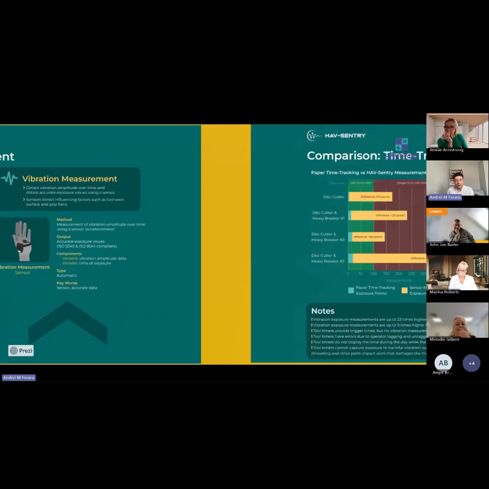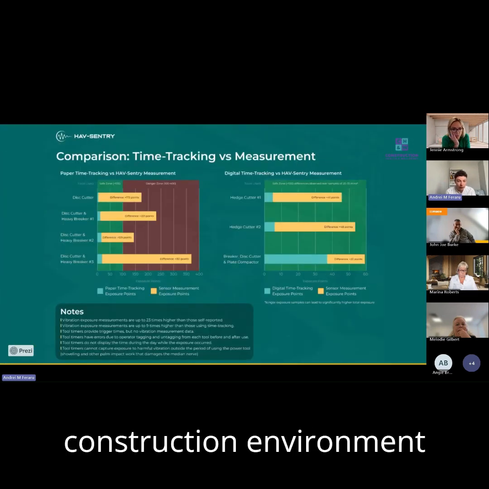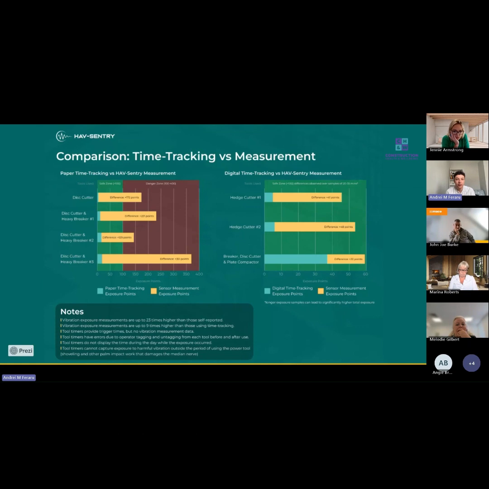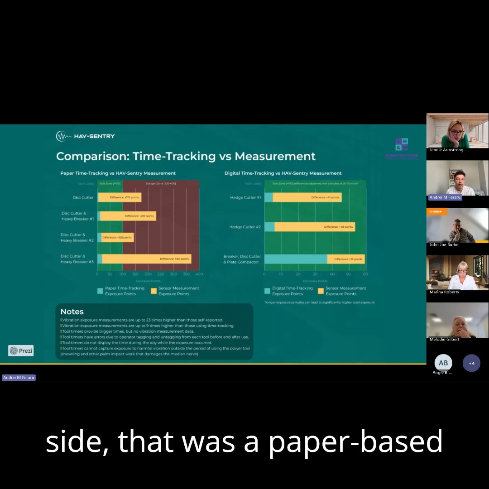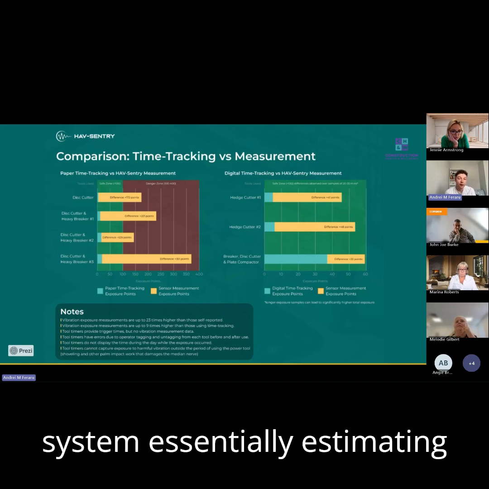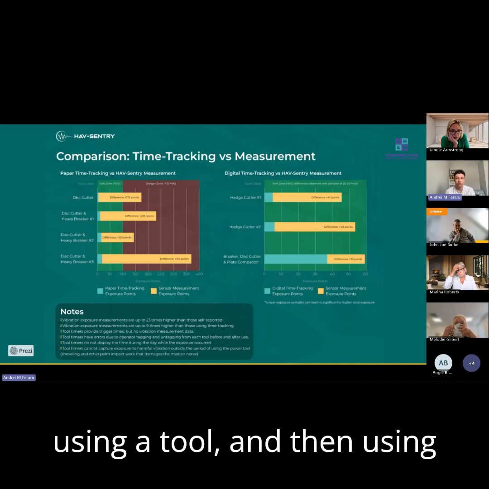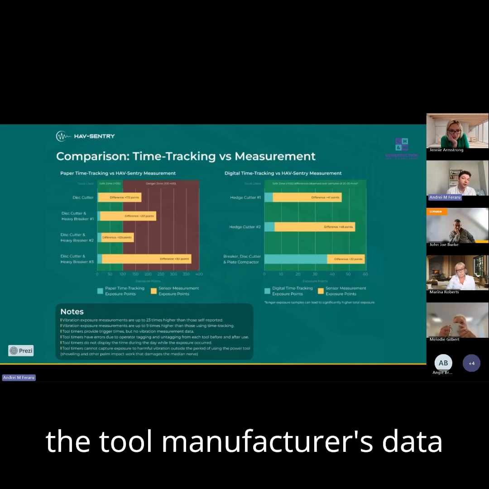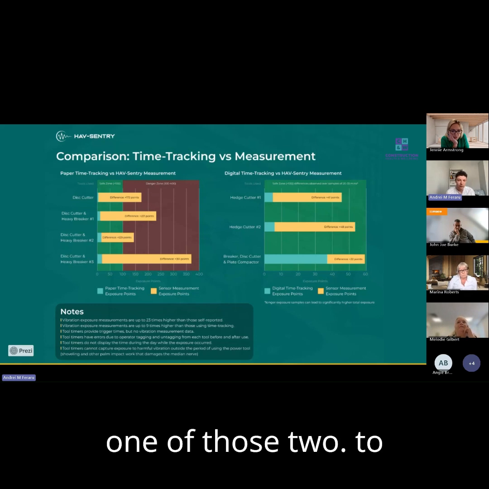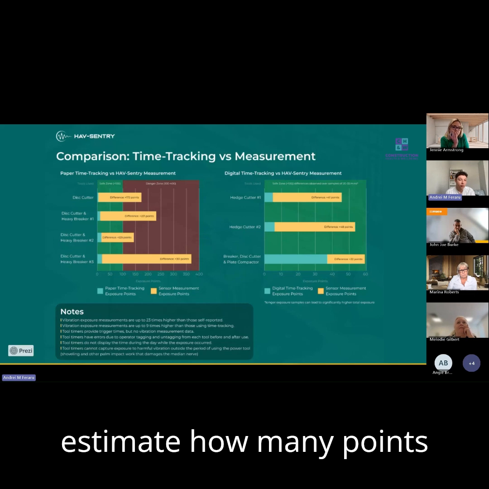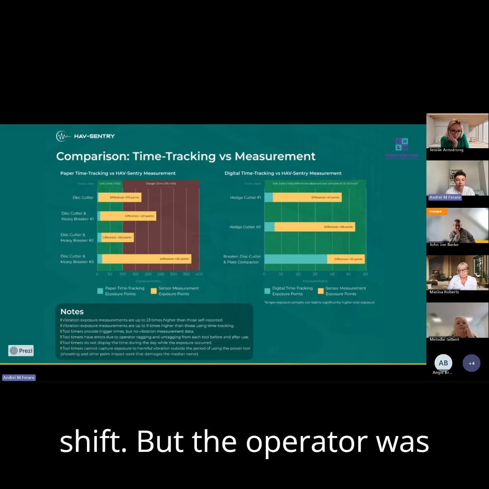And then this is some real data from a construction environment, comparing time tracking versus measurement. You can see on the left-hand side, that was a paper-based system, essentially estimating how long an operator has been using a tool, and then using the tool manufacturer's datasheet or a database, one of those two, to estimate how many points they've accumulated in their shift.